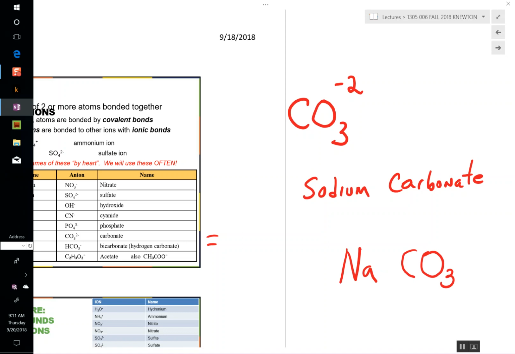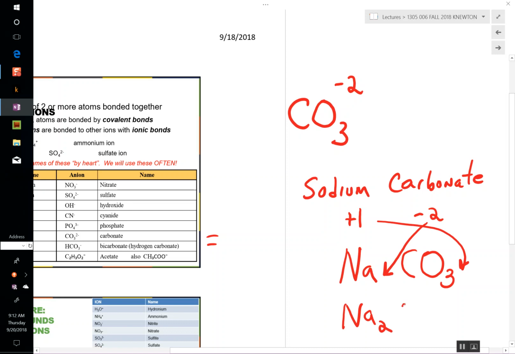That's a carbon and 3 oxygens that are bound together and have a -2 charge. This has a -2 charge. This has a +1 charge. So if it's like that, I'm going to transfer a 2 right there, and I'm going to think of a 1 here. And I'm going to get the formula Na2CO3, sodium carbonate.